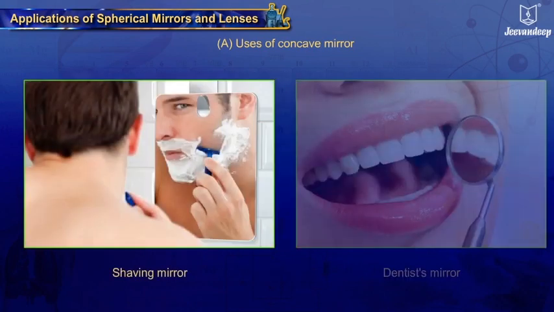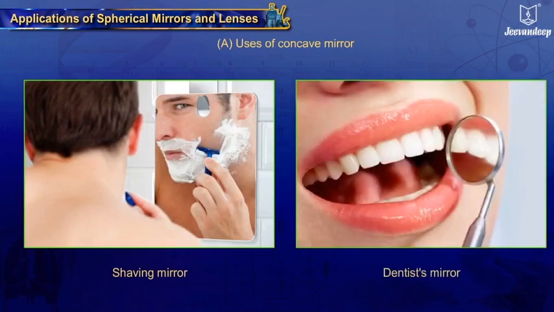Shaving mirror, dentist's mirror: it produces an erect, virtual and highly magnified image of an object placed between its pole and focus.